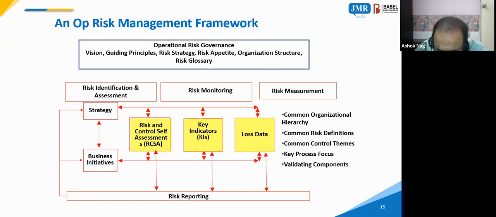If a particular control is assessed as not functioning well, and I do not do this assessment in time and take corrective action, then you are actually waiting for the operational risk event to happen.